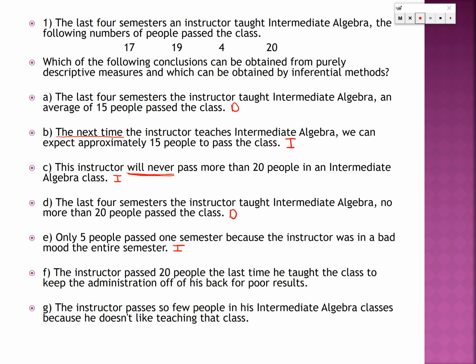Letter F, the instructor passed 20 people the last time to keep the administration off of his back for poor results. Again, we're just making an inference. Letter G, the instructor passes so few people in his intermediate algebra classes because he doesn't like teaching that class. And again, that would just be another inference.